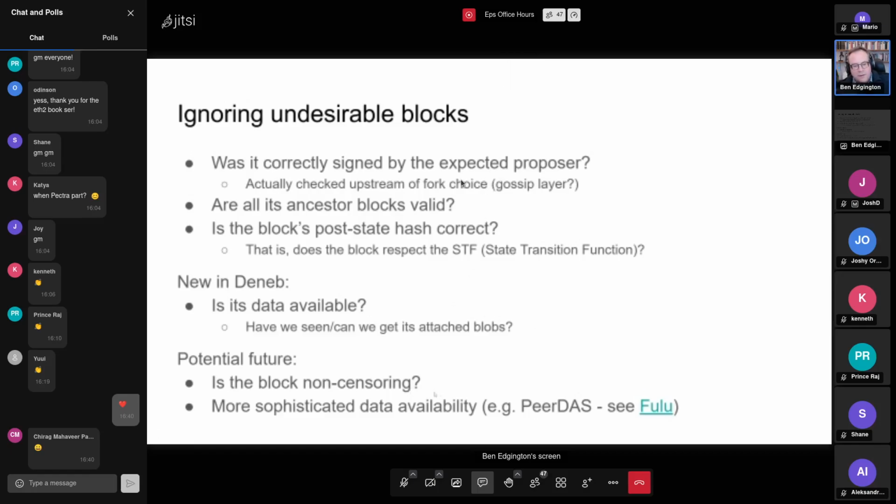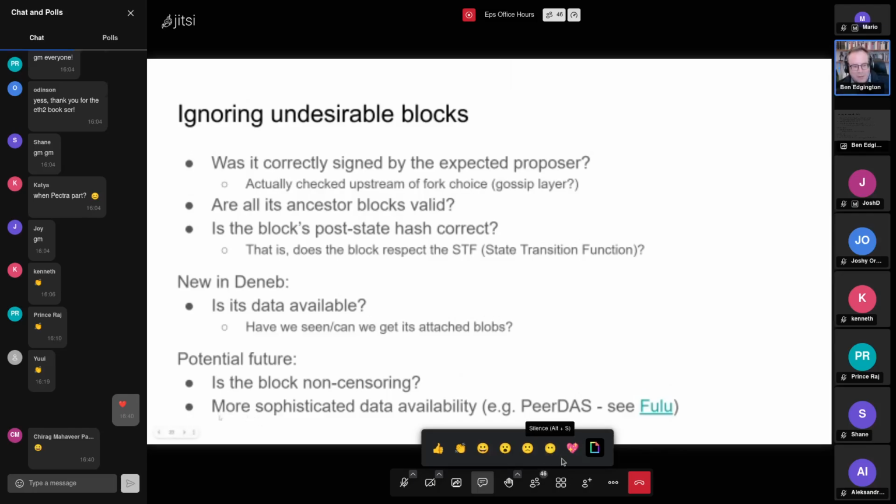So there's this FOCIL work going on, and that would exclude from fork choice any block for which there was evidence that it was censoring, that it hadn't included the transactions which it was supposed to have included. Or if Ethereum becomes a government chain, maybe they want to only include blocks that do censor, for example, censor Tornado Cash or something, but let's not go there.